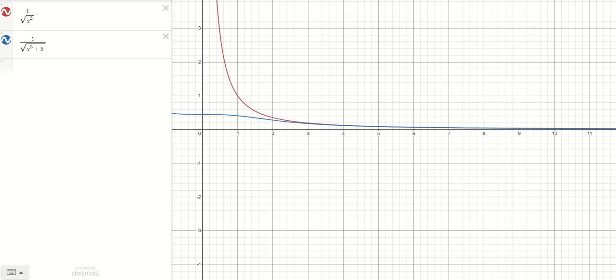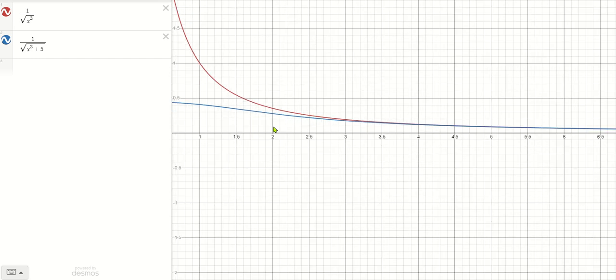We said it converges, which means the area under the curve of the blue one is going to have to be, by nature, smaller, because the blue curve is below the red curve. And so if the area beneath the red curve is finite, meaning the integral converges, the area under the blue curve must also be finite, meaning that the blue integral must also converge.